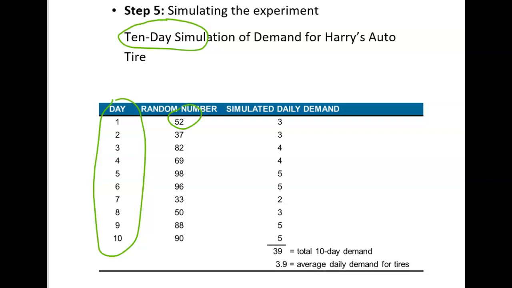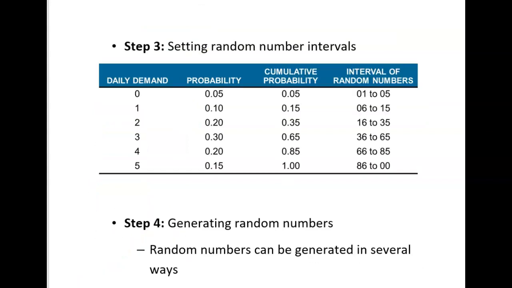For example, the first random number is 52. If you go back to our table with the random number intervals, 52 is somewhere between 36 to 65. So in this case, we can say that the daily demand for that particular day is 3.